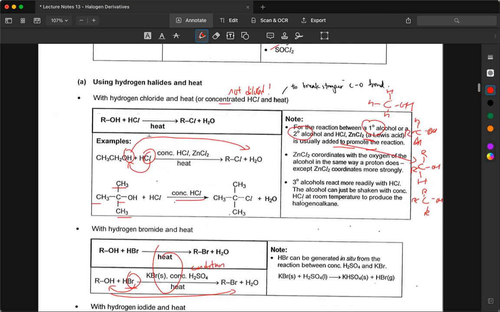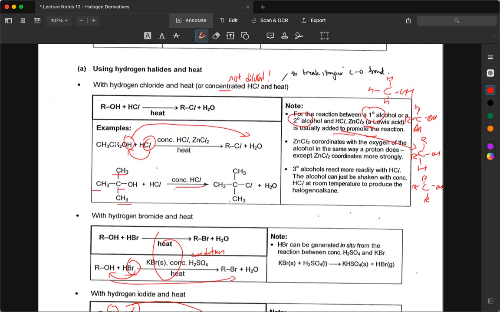So, looking at this example, we have ROH plus HCl with heating. There is a replacement of the OH by the Cl in the molecule. So this is one of the examples: CH3CH2OH, ethanol, reacts with hydrogen chloride.